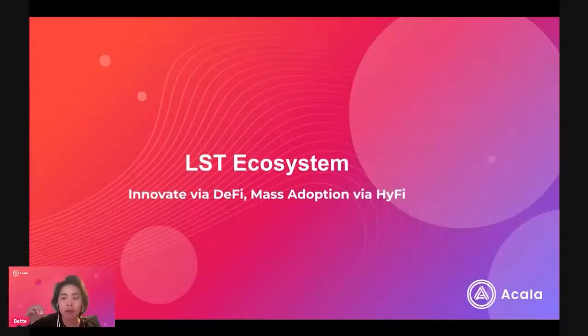However, mass adoption will come from HiFi, hybrid finance, where DeFi is the backend infrastructure, and you go through a compliant middle layer and front end to be able to reach mass adoption. If you don't do that, if you're coming only from the CeFi side, you will get what happened with Celsius and FTX last year.